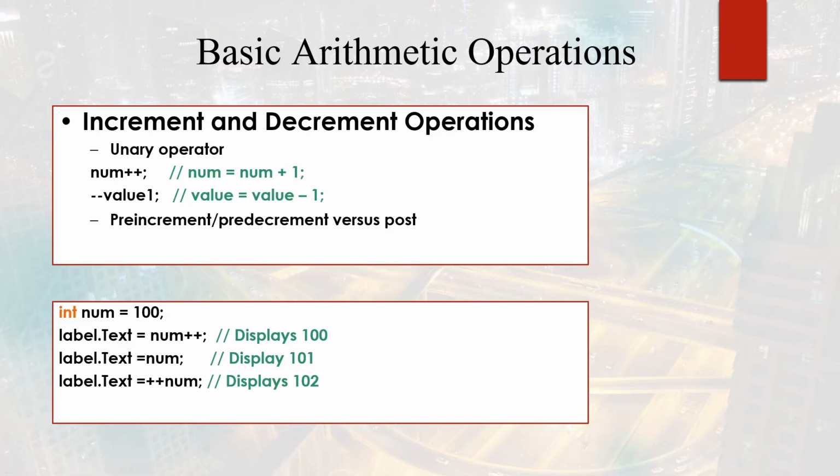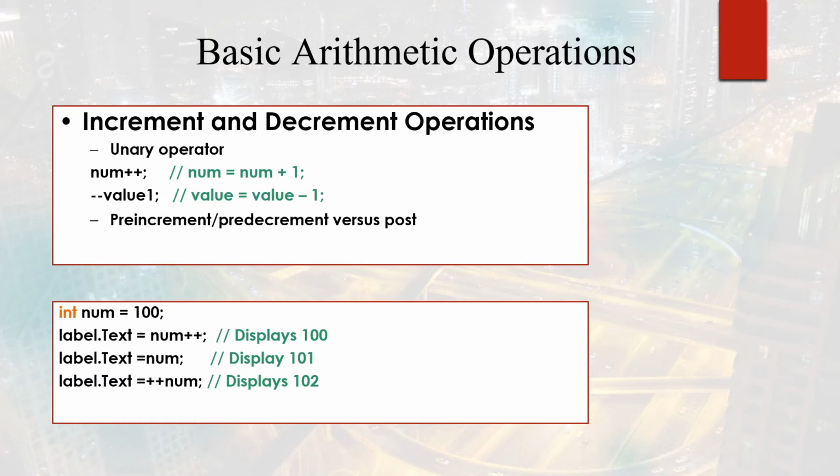So if num was 100, down here at the bottom you can see, and then into our label.text, it would equal num plus plus. And so it would actually show us 100 in our label. Minus minus num would mean it's going to take 1 away from that. So that kind of makes sense.